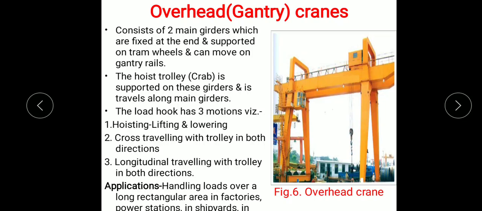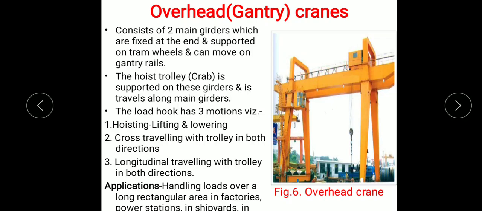First one is the hoisting. Under this hoisting, lifting and lowering of the load is carried out. The second motion is the cross traveling with trolley in both the directions. So here this crab will move in the cross direction, in this direction or in this direction, in both the directions. And the third motion is the longitudinal traveling with trolley in both the directions.